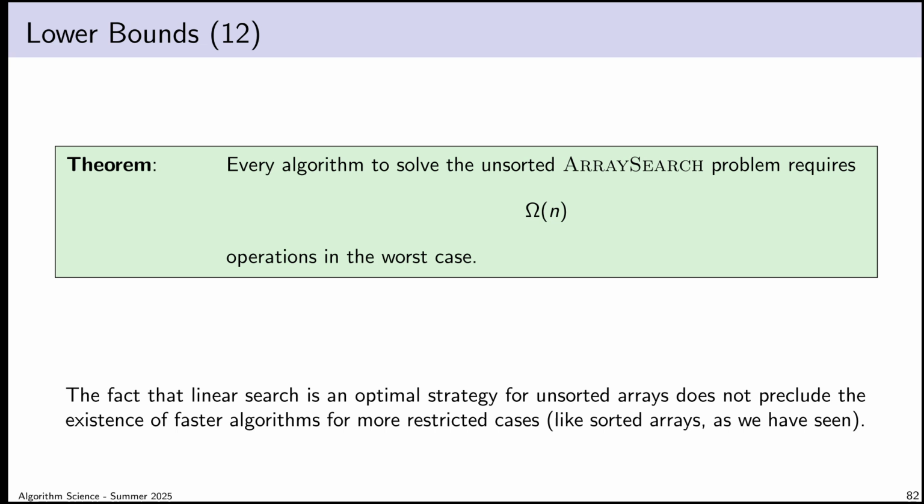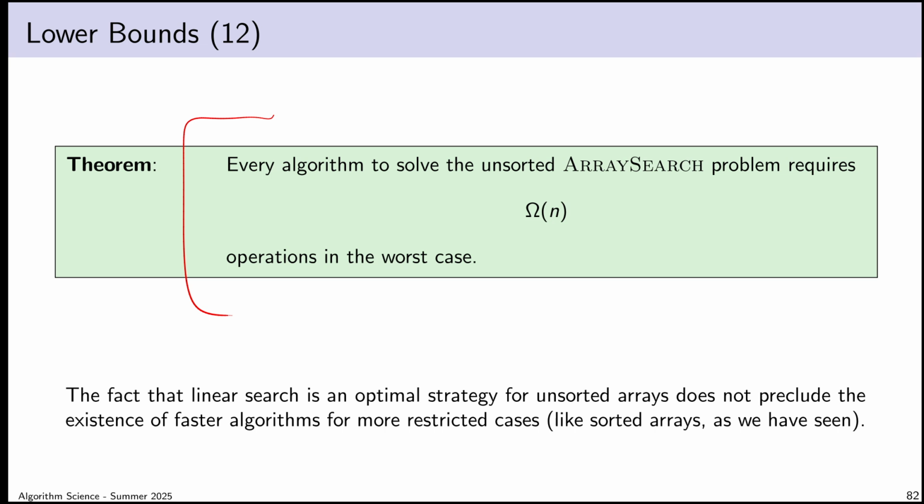Now, the fact that linear search happens to be an optimal search strategy for unsorted arrays doesn't mean that there aren't faster algorithms for specific cases. So a common misconception is, oh, because every search algorithm for unsorted arrays has to require n operations, it's impossible for any search algorithm to require less than n operations. That isn't true.